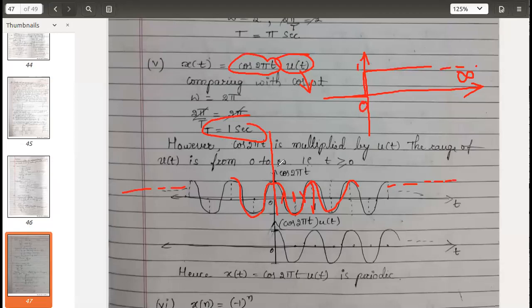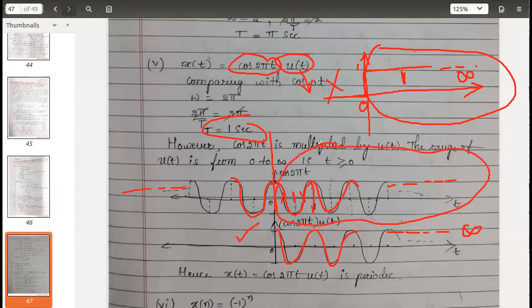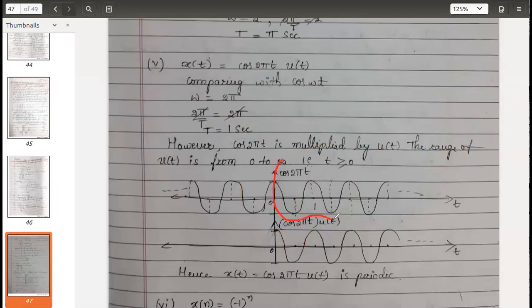Now, if you multiply this signal with the unit step signal, only the right hand side signal exists. Left hand side multiplication will be 0. That's why in the second figure you can observe I have drawn only the right hand side, and it is extending up to infinity because the amplitude is 1. 1 multiplied by this signal is equal to the signal itself. The signal should repeat, right? Only the left part will exist.